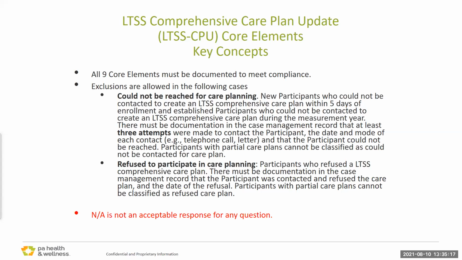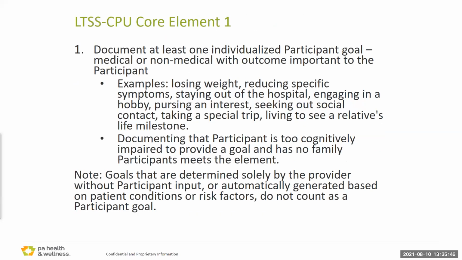If you can't reach them for care planning, you must document 3 attempts, and that must include the contact you made, the date, and the mode of the contact, and that the participant couldn't be reached. You can also document an exclusion for participants who refuse to participate in care planning. And finally, the red bullet, NA is not an acceptable response for any question. Okay, we can move to the next slide.